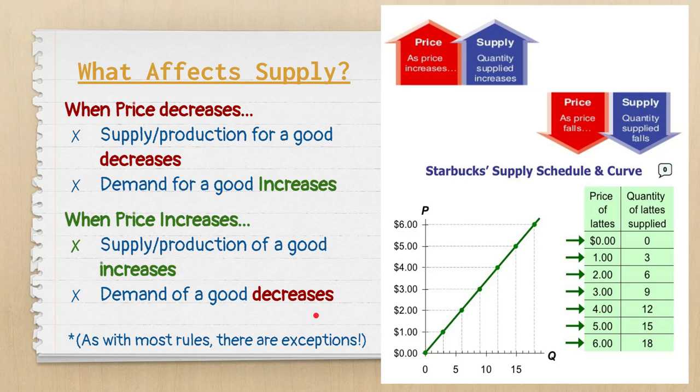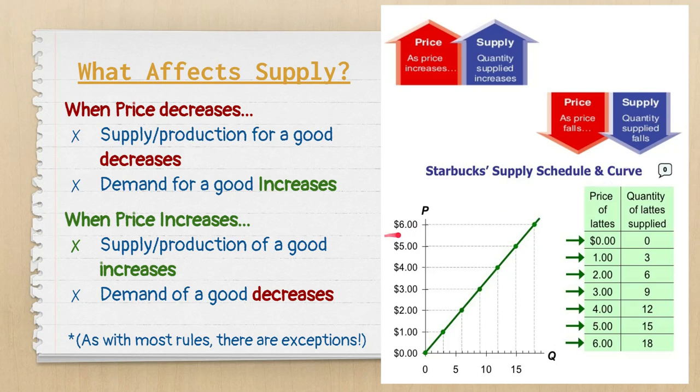Well, if you have to start charging less, you're not making as much money. So you will lower or decrease your supply and production for that good. So as price goes lower, your supply will go lower too. So let's look at a graph and see if that's true.